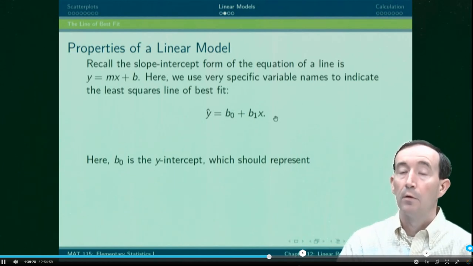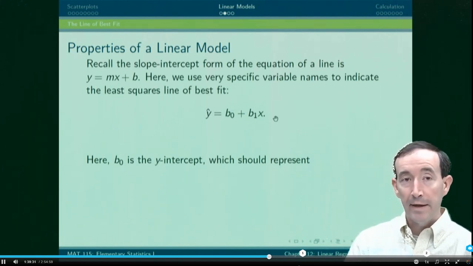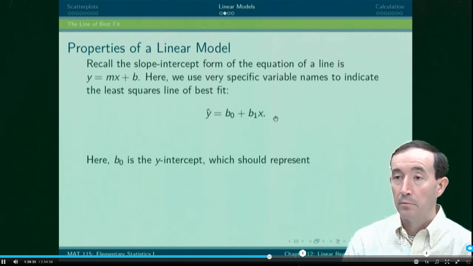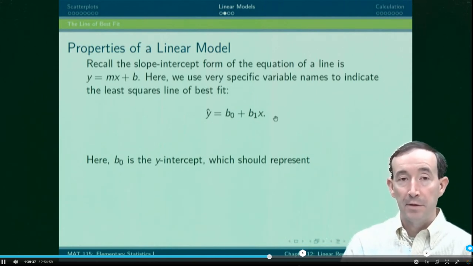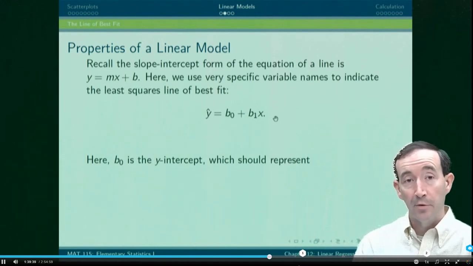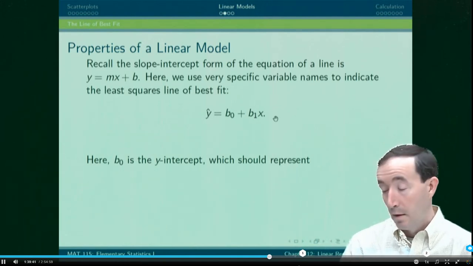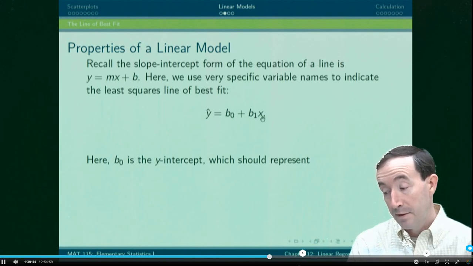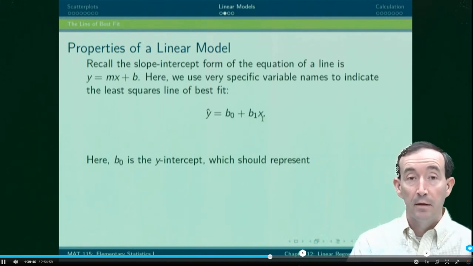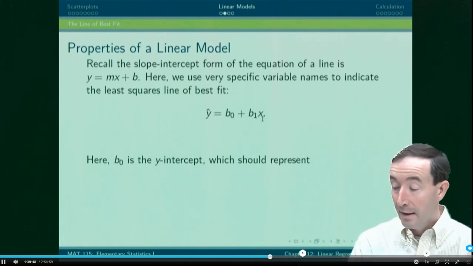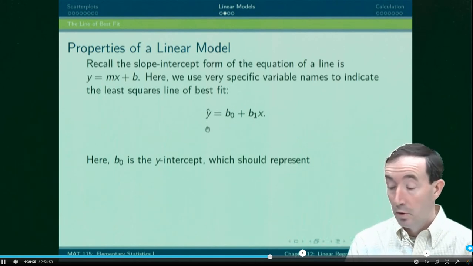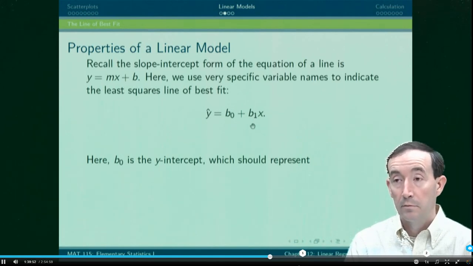On the y-axis? Right. It's on the y-axis, which is specifically where x equals 0. Remember, you can always find the y-intercept for any function by plugging in 0 for x and seeing what comes out. Well, in this case, if I plug in 0 for x, that will tell me what that y-intercept means. It is my predicted value when x equals 0.